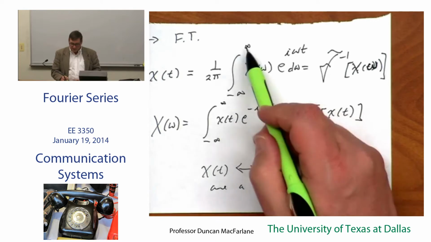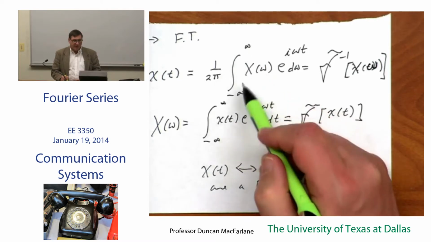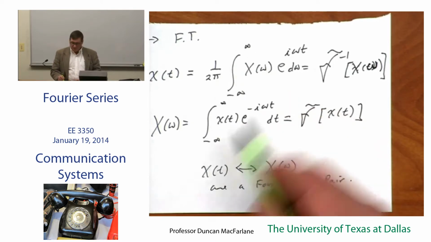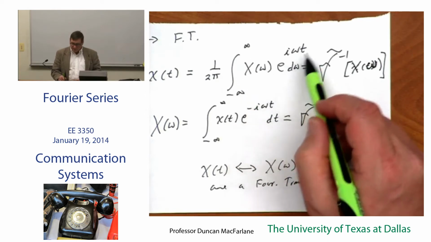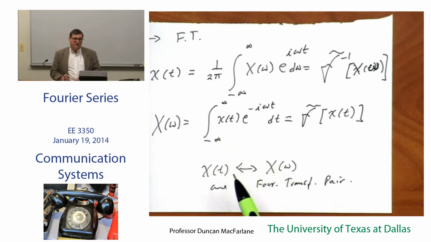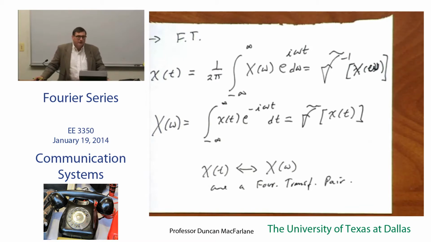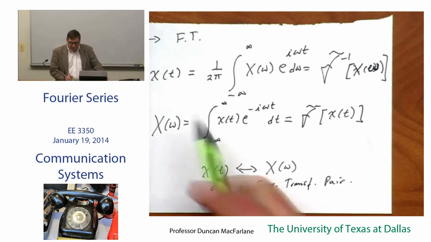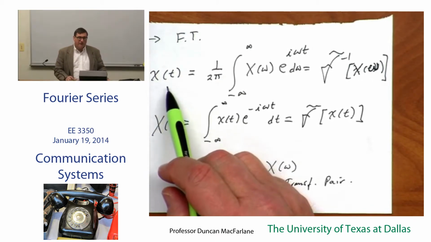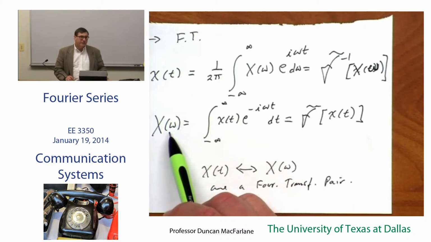The omegas vanish from the integral, and I'm left with the t that's in the kernel. Okay? That's the way that works. And so x of t and capital X of omega are a Fourier transform pair. And I have a continuous representation of the information in time, and I have a continuous representation of the information in omega.